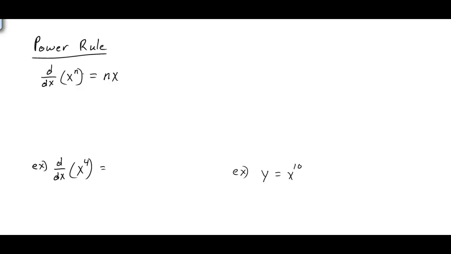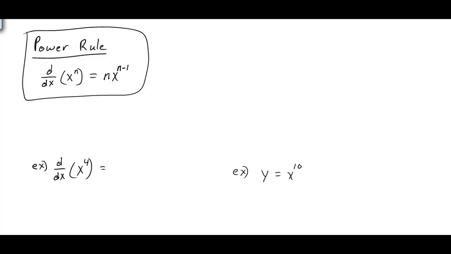So whatever your exponent is, that's going to be multiplied by x. And then the formula says you're going to subtract 1 from the exponent. So again, you can take the exponent, multiply, and then decrease the exponent by 1. That's what this n minus 1 is indicating.